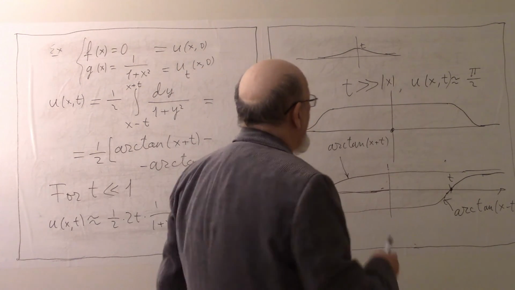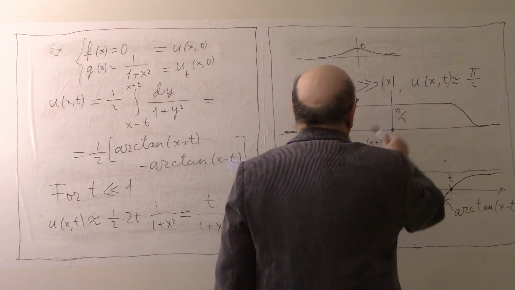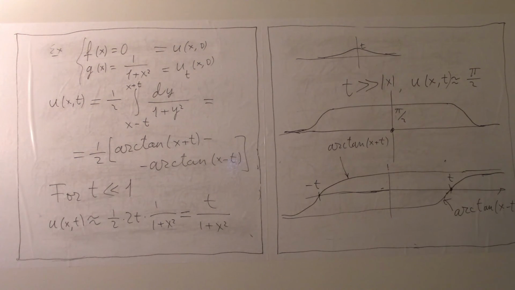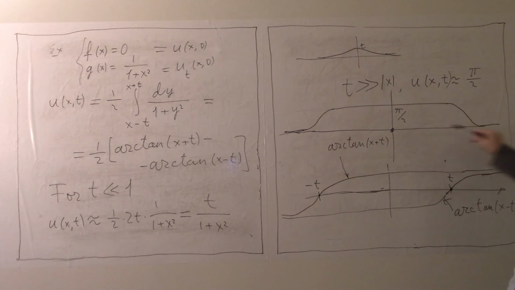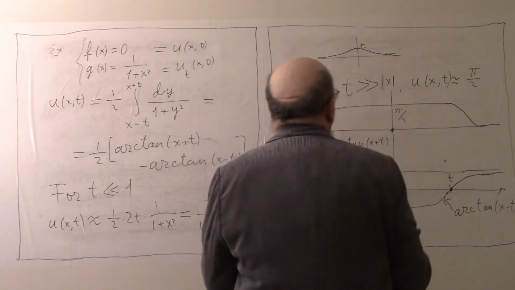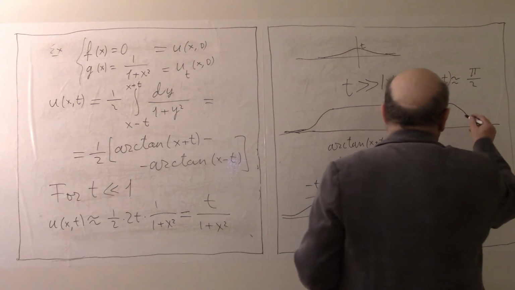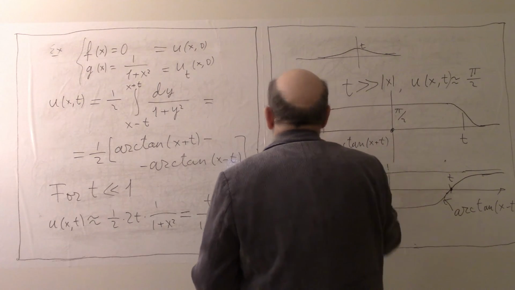But we have to divide by 2, so this is pi over 2 approximately. When x is much larger than t, the difference goes to 0, here and here. So we have this picture. This is point t, this is point minus t.